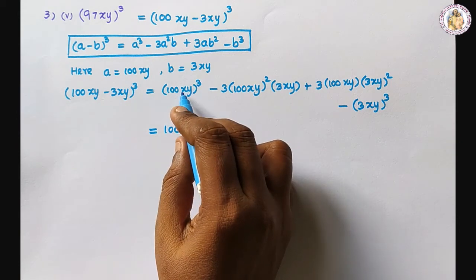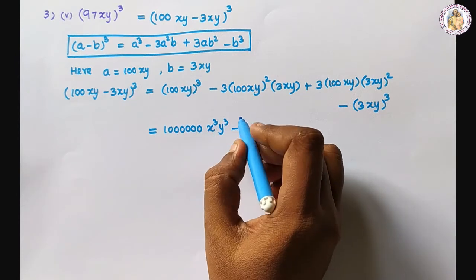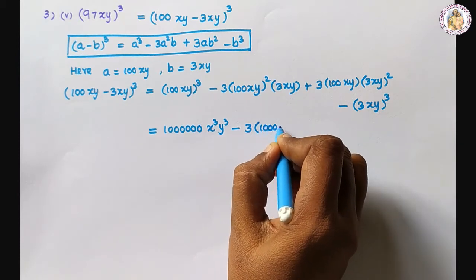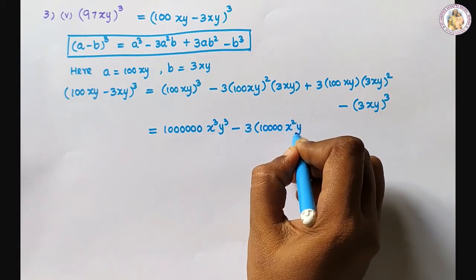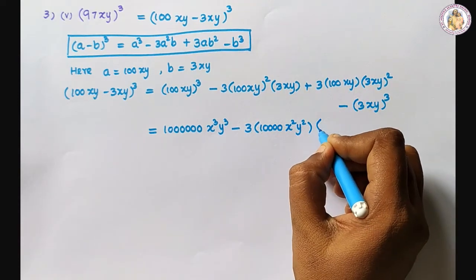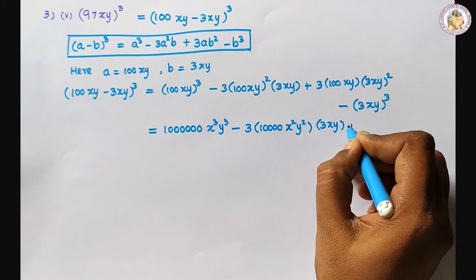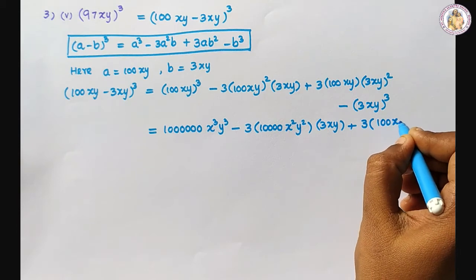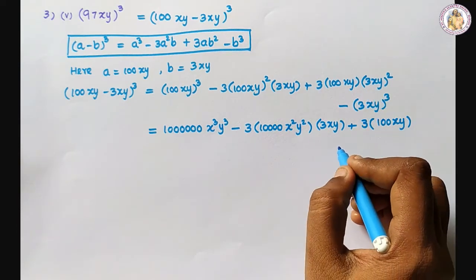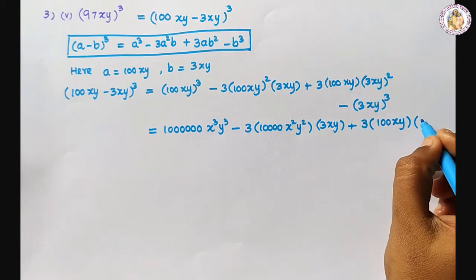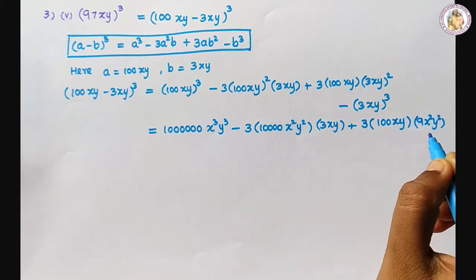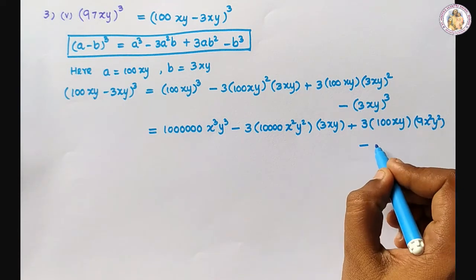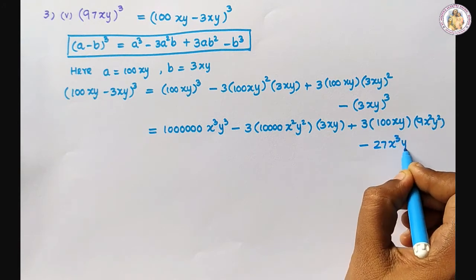Put the power separately. Minus 3 into 100 square means 10,000. x squared, y squared into 3xy plus 3 into 100xy into 3 square, that is 9x squared y squared, minus (3xy) whole cube. So 3 cube is 27, x cube y cube.